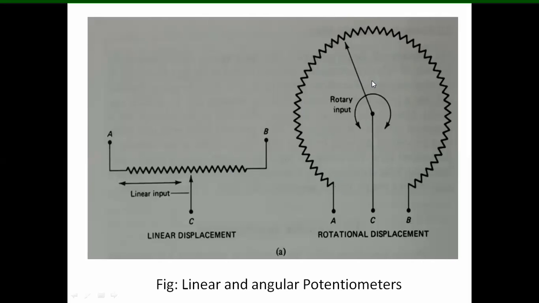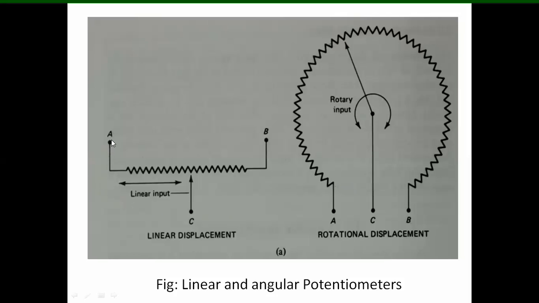The linear potentiometer is used to measure linear displacement, whereas the rotational displacement transducer is used to measure angular or rotational displacement.